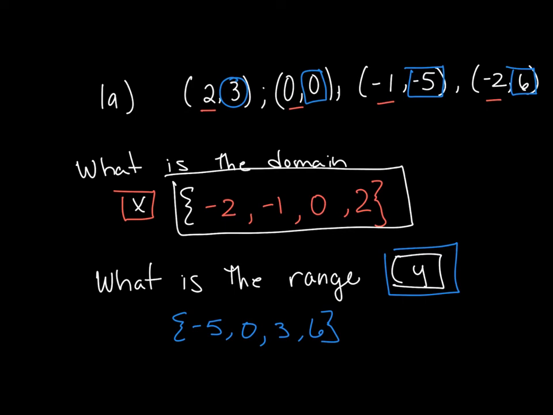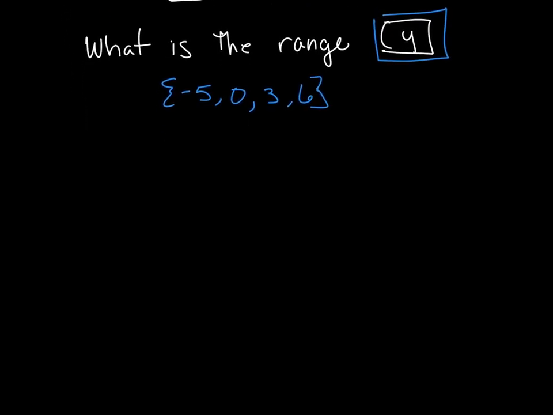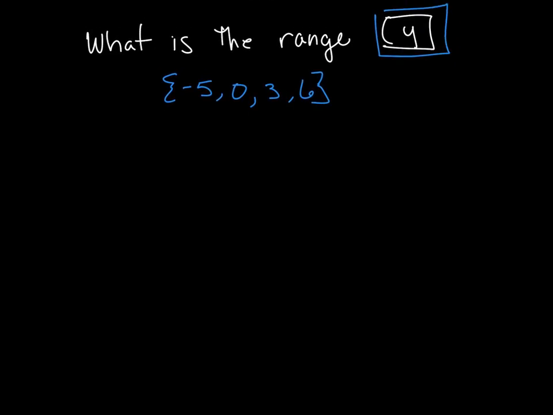Now, if I want to do what's called a mapping, and I'm not asking you in this question, but I want to show you what the mapping for that would look like, because it helps define the next portion. So a map of those points looks like this.